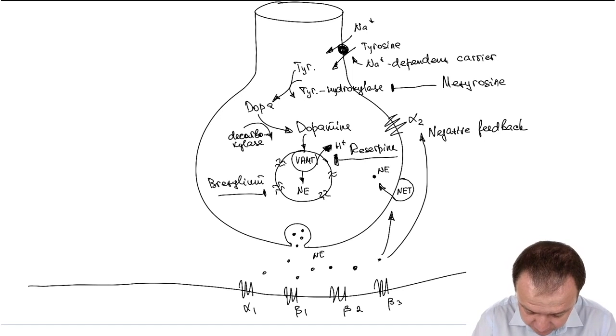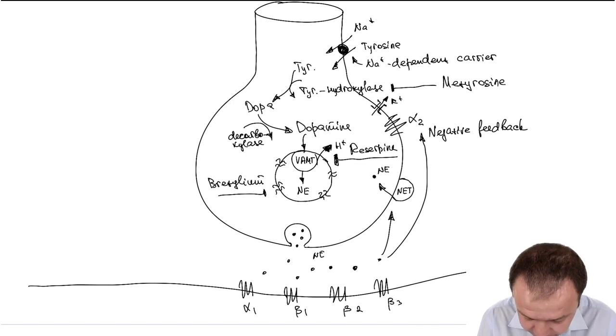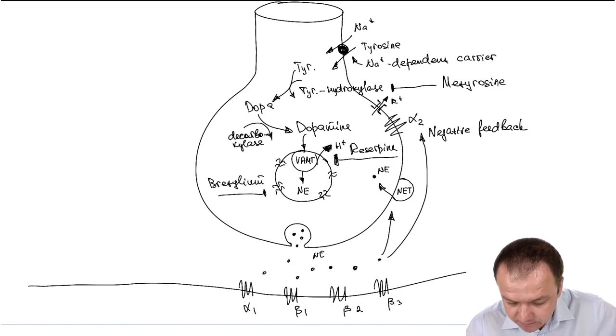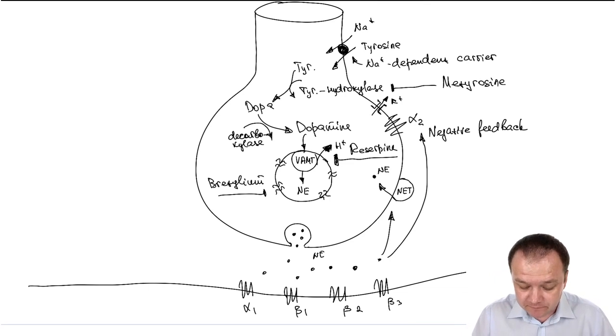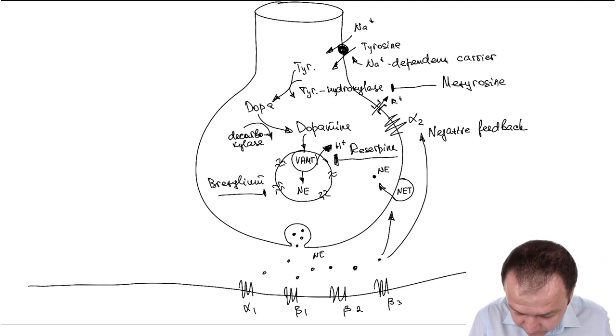Norepinephrine acts on alpha-2 adrenergic receptors, and we remember that they are coupled with G inhibitory proteins, and they regulate activity of potassium channels. We have opening of potassium channels, hyperpolarization, and a smaller amount of norepinephrine released into the synaptic cleft.